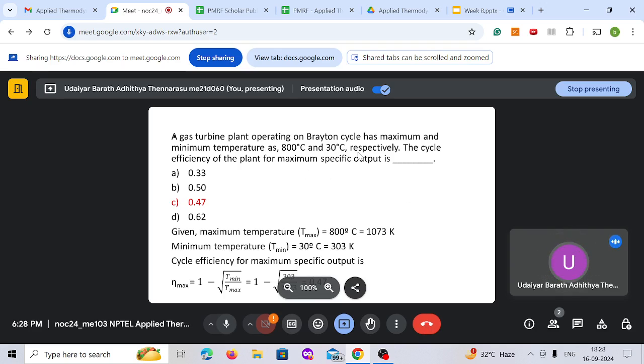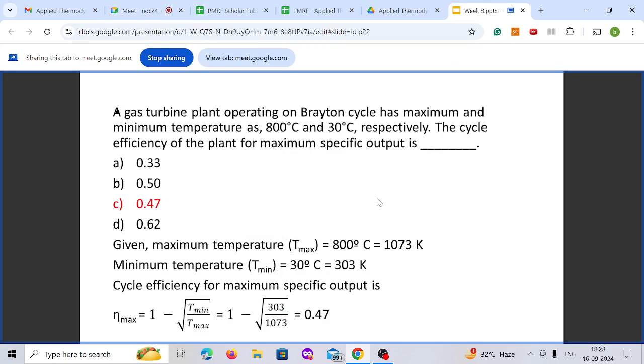So 30 plus 273 will be 303, and that is 1073. So your efficiency corresponding to your maximum specific work output, where your net work is maximum, is 0.47.